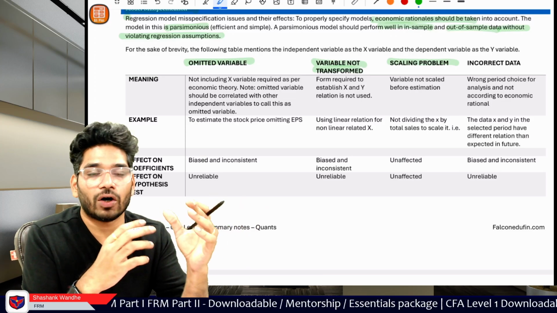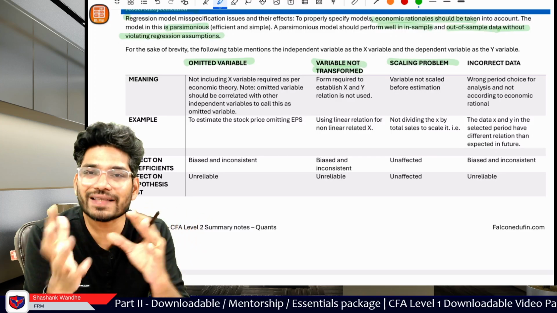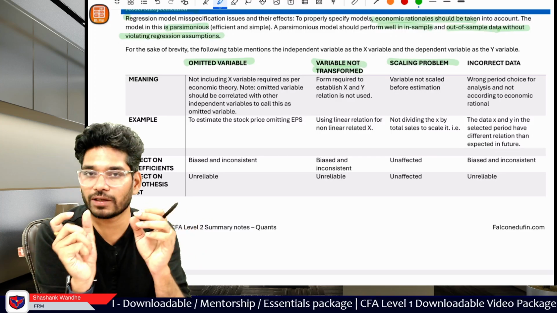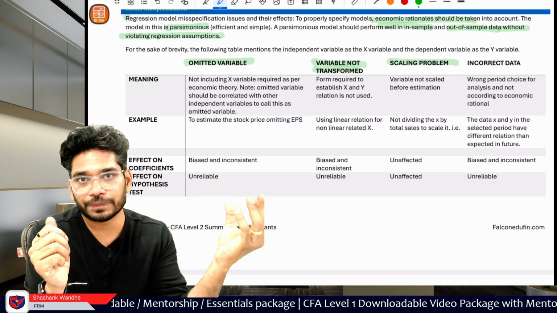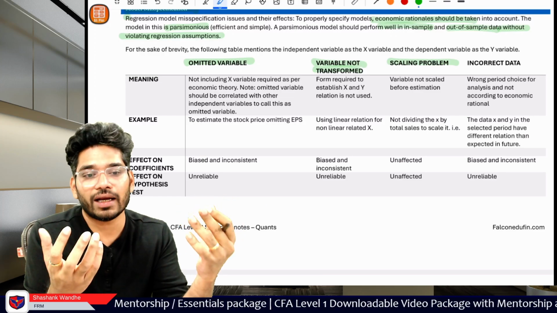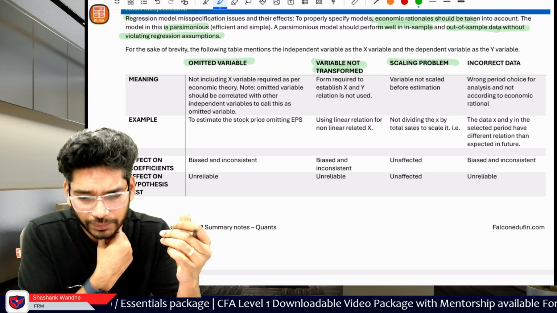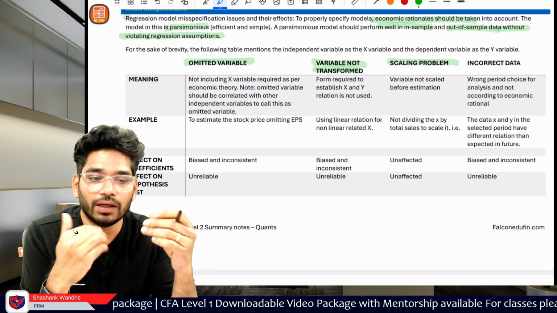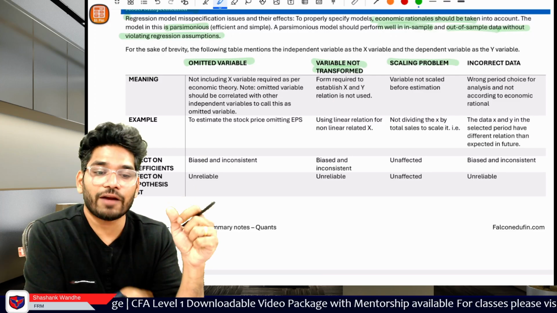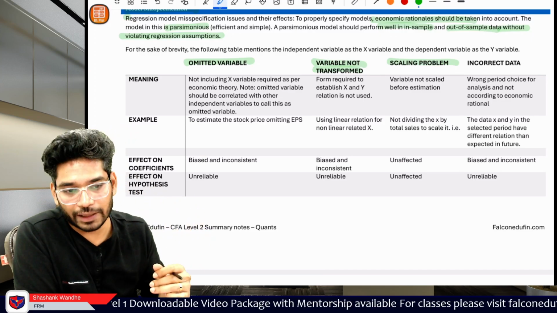Okay, and on the other hand, EPS is in a few dollars. Then you have the really huge volume, and then you derive the coefficients and try to compare them, it will be difficult for you. So we will call this not a properly specified model, and there is a scaling problem. And we have to then see, if you don't scale the model properly, whatever problems are there, which is again given here.